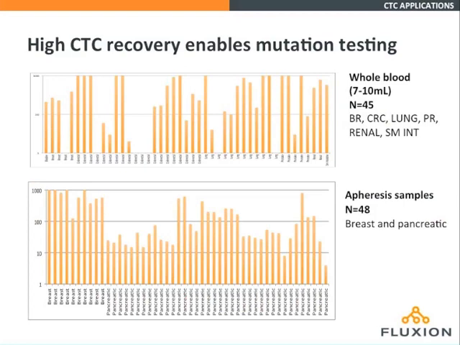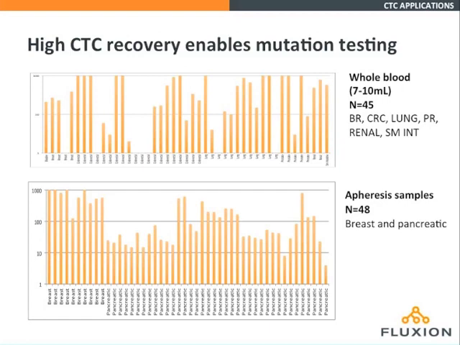And what it boils down to is figuring out what percentage of patients have enough circulating tumor cell material to go above the limit of detection of the assay, in this case 5 CTCs. And here I'm just showing you some samples that were analyzed from either whole blood for a number of different indications or leukapheresis.